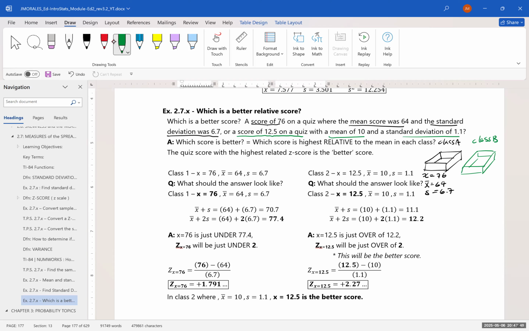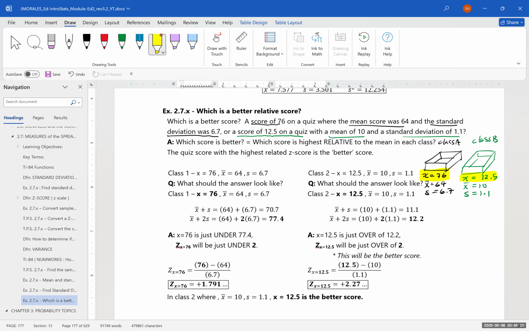In the other class, class B, we had a quiz score of 12.5 where the class average was 10 and the standard deviation was 1.1. So two classes taught by two different teachers. Maybe this teacher had their quiz out of 100 points, and maybe this teacher had their quiz out of 15 points.